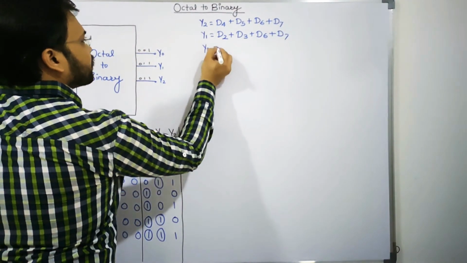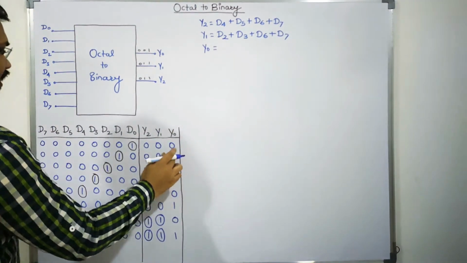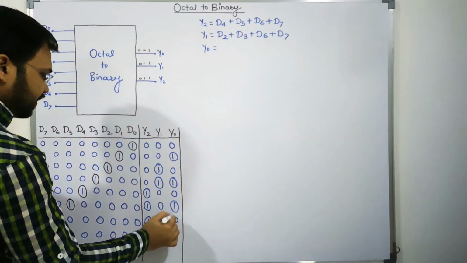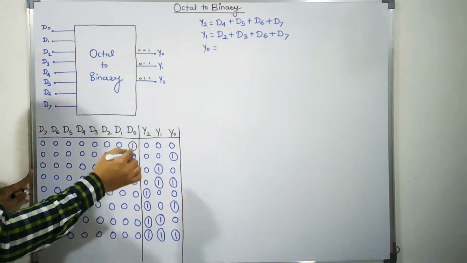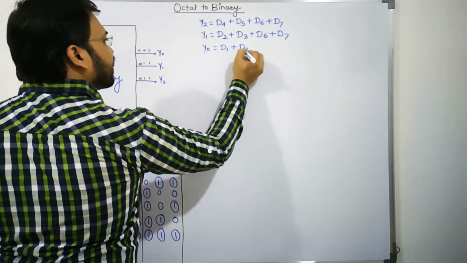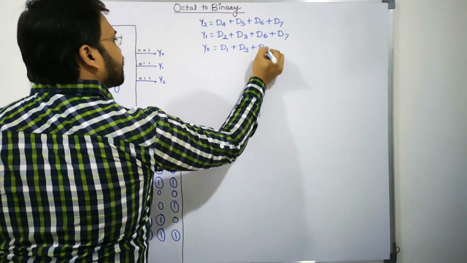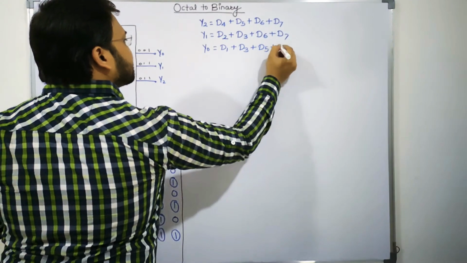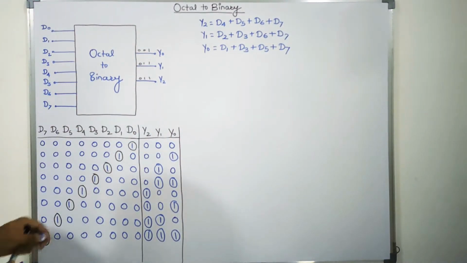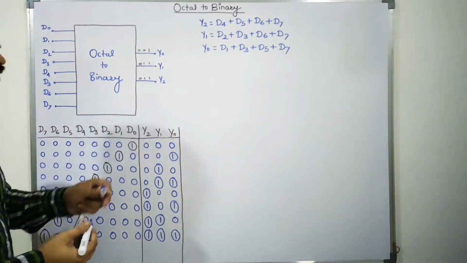Next Y0. Y0 is again here D1, D3, D5, D7. So for that D1, D3 plus D5 plus D7. So we are having these three equations by using this functional diagram or truth table.